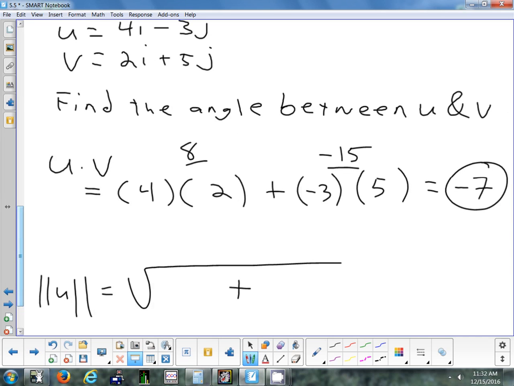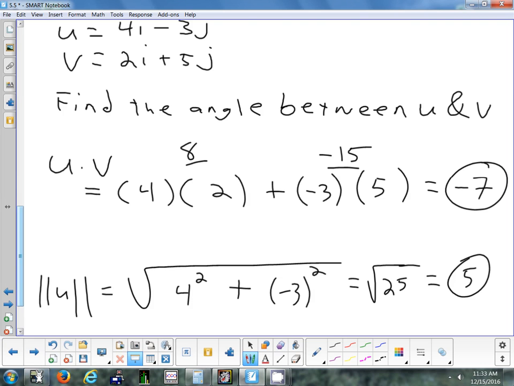To find the length of u, all you need is the 2 numbers that were originally part of u. Yes. Good. 4 squared plus negative 3 squared. That's going to give me 16 plus 9, which is the square root of 25, which means my vector is 5 long. So that's the second thing I need.